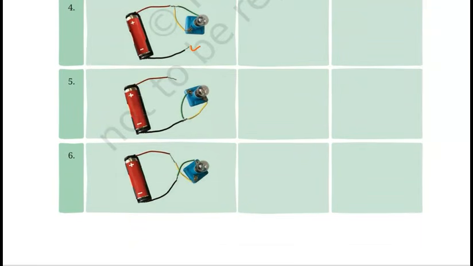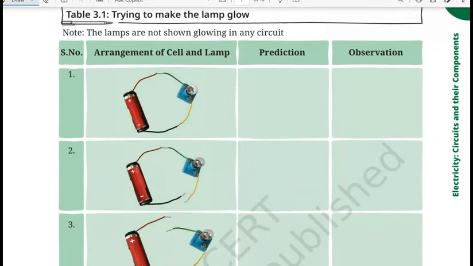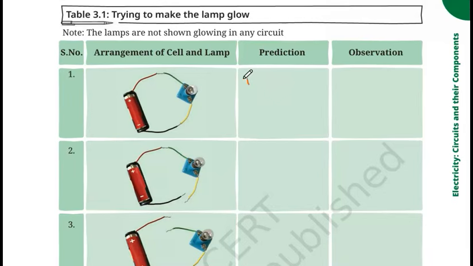So in each case, let us identify whether the bulb will glow or not. So in the first case, what can we write? The lamp will glow. So your observation is the current will flow as the connections are properly connected and the circuit is complete.